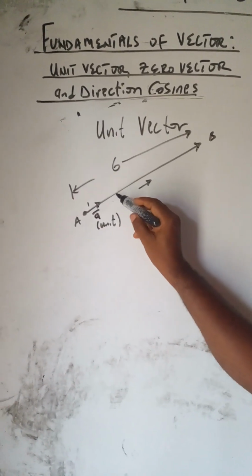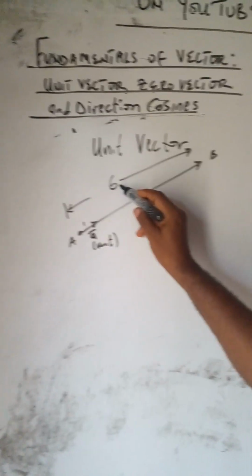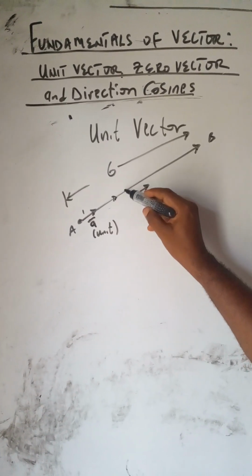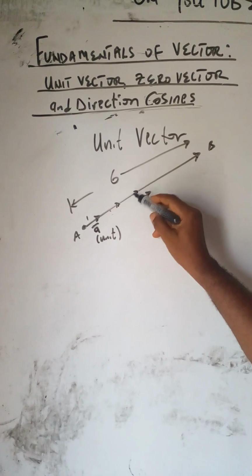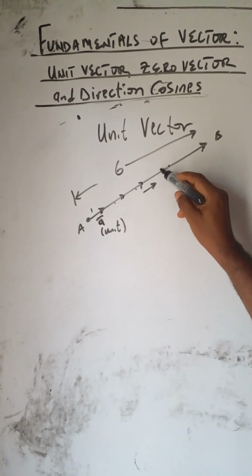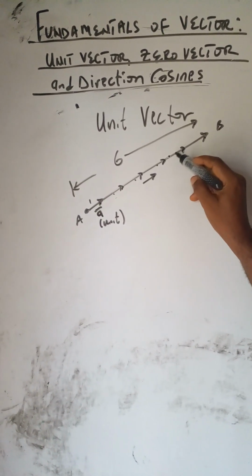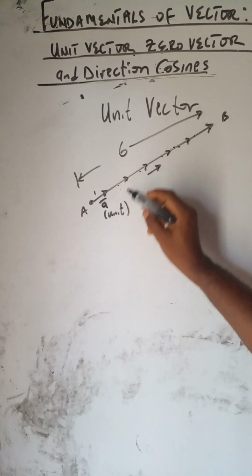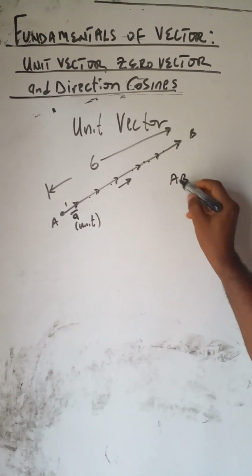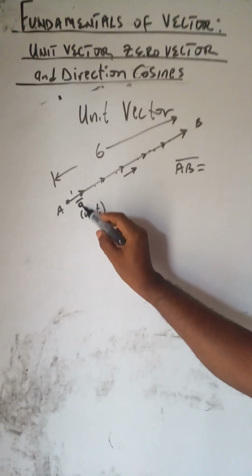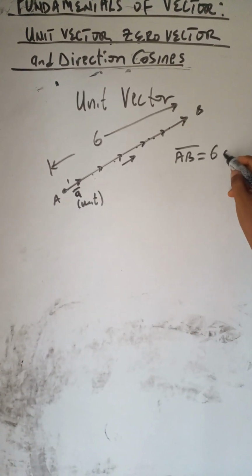So for us to have this unit vector in 6 places, we can have something like this: 1, 2, 3, 4, 5, 6. We can see that for the vector AB, we have 6 of this unit vector. So I have it as 6a.